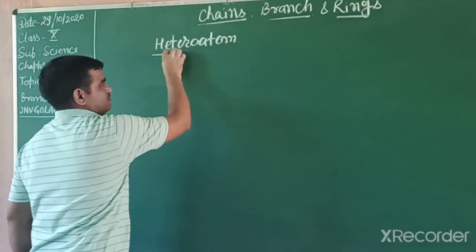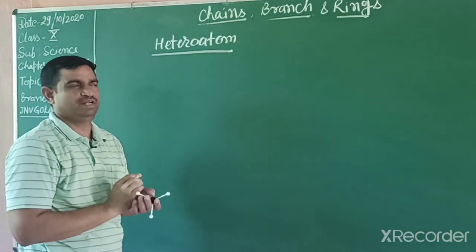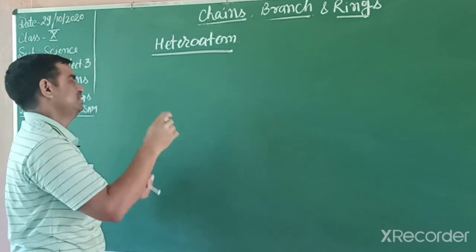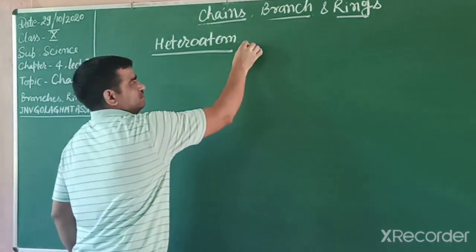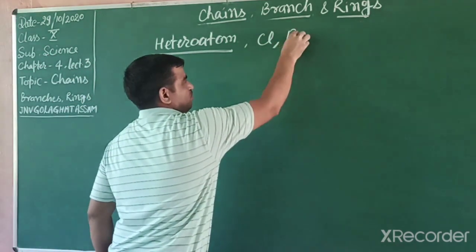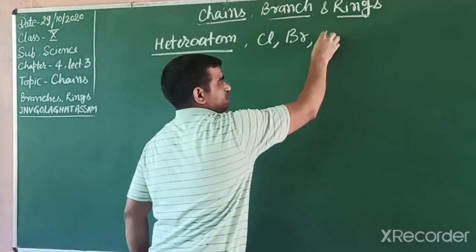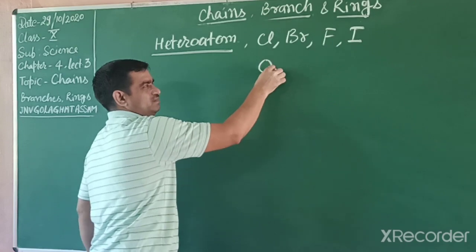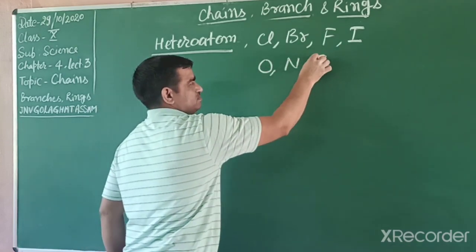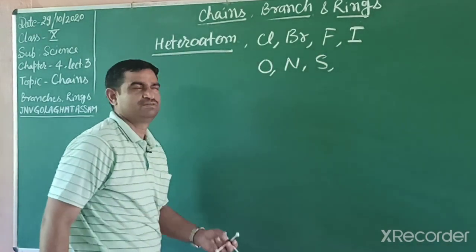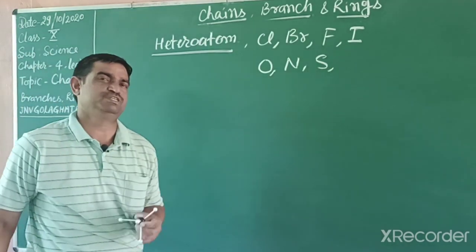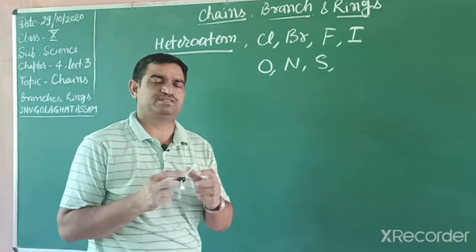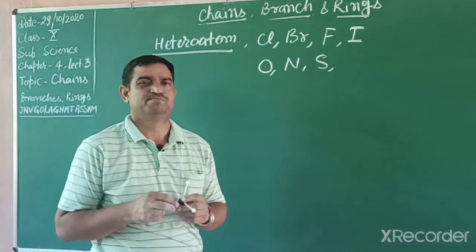Heteroatom means, in a hydrocarbon, any element other than carbon and hydrogen, like chlorine, bromine, fluorine, iodine, oxygen, nitrogen, sulfur. That atom is the heteroatom, and it decides the characteristic property of the compound.